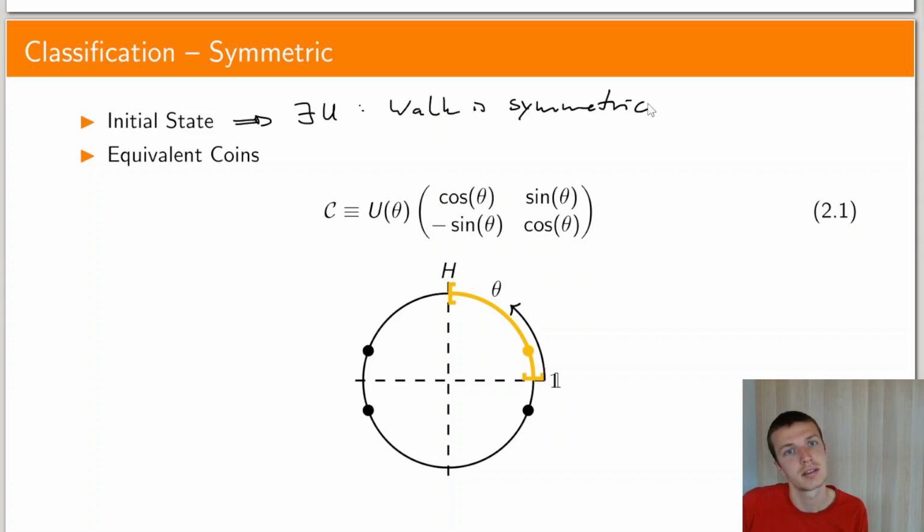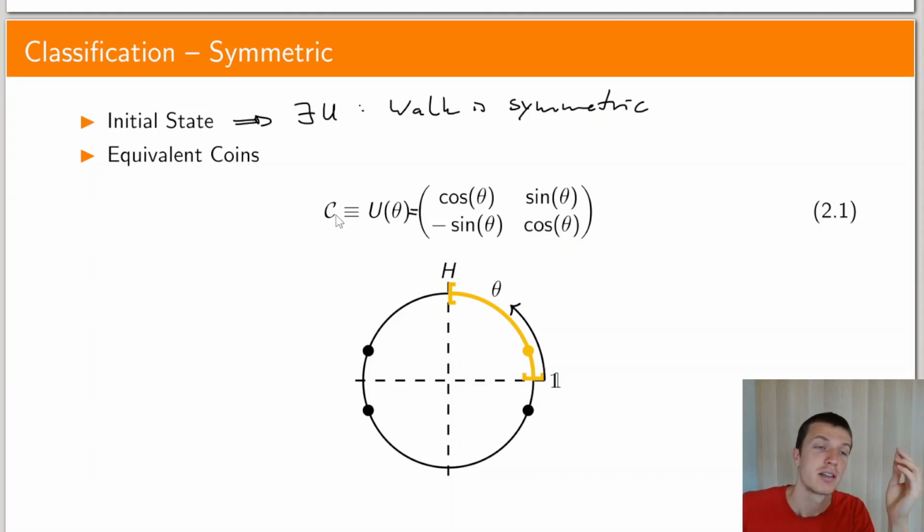And to answer the question of how many symmetric quantum random walks there are: we know that some coin setups are equivalent, and we actually only have to consider this coin.